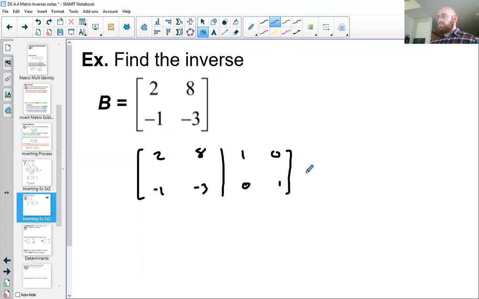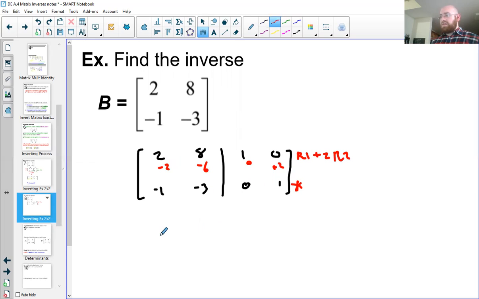So I'm going to keep row 2 the same, and I'm going to have row 1 plus 2 times row 2. So 2 times -1 is -2. 2 times -3 is -6. Then this is 0, and this would be plus 2.